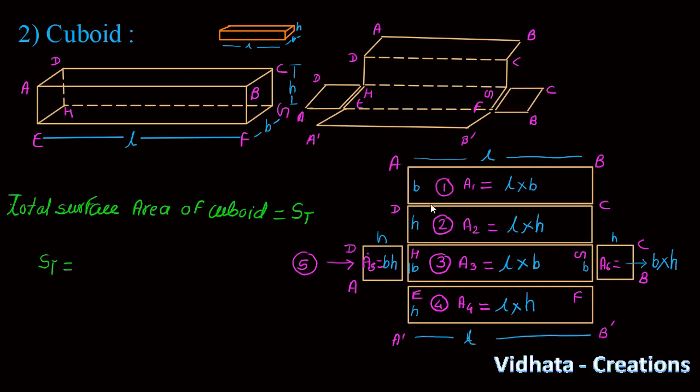Area number 1 is L into B, so I will write L multiplied by B.